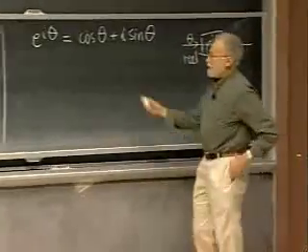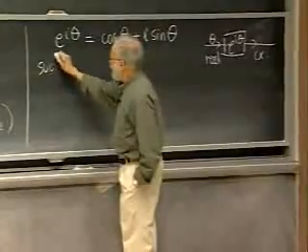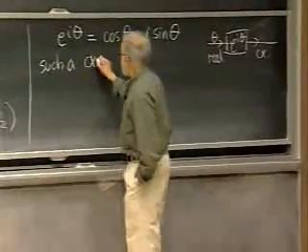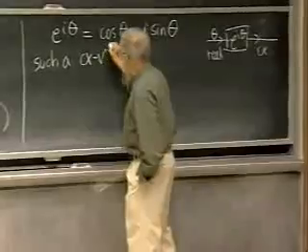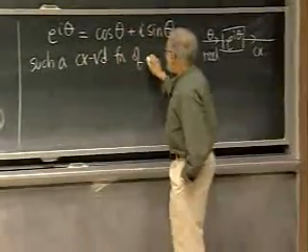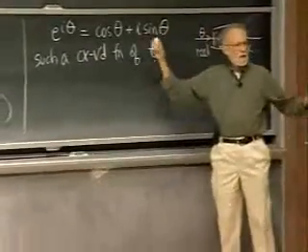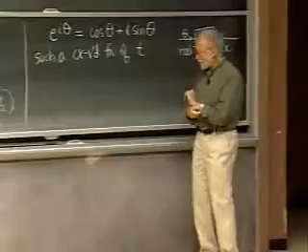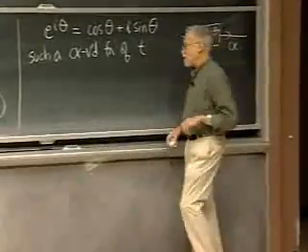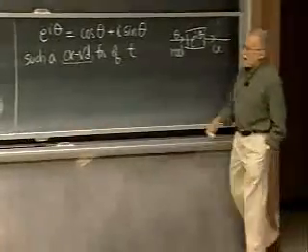Now, in general, such a function, well, maybe I better say complex valued function of a real variable. Let's change the name of the variable. T is always a real variable. I don't think we have complex time yet, although I'm sure there will be someday when the next Einstein appears.